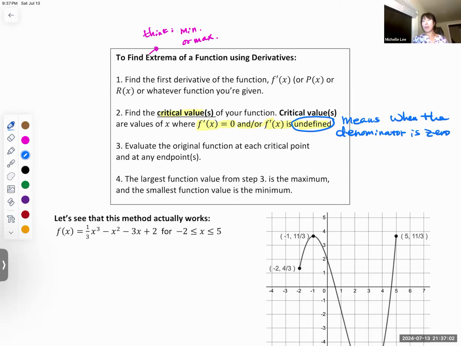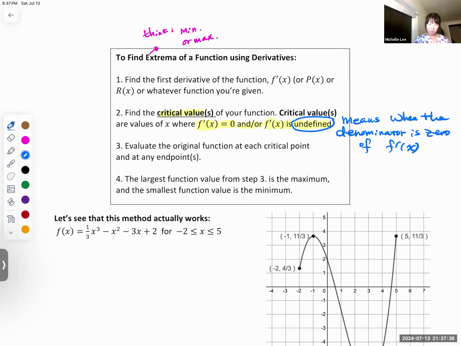Then in that case, we say that f prime of x is undefined. So we're looking at when the denominator is 0. Make sense?